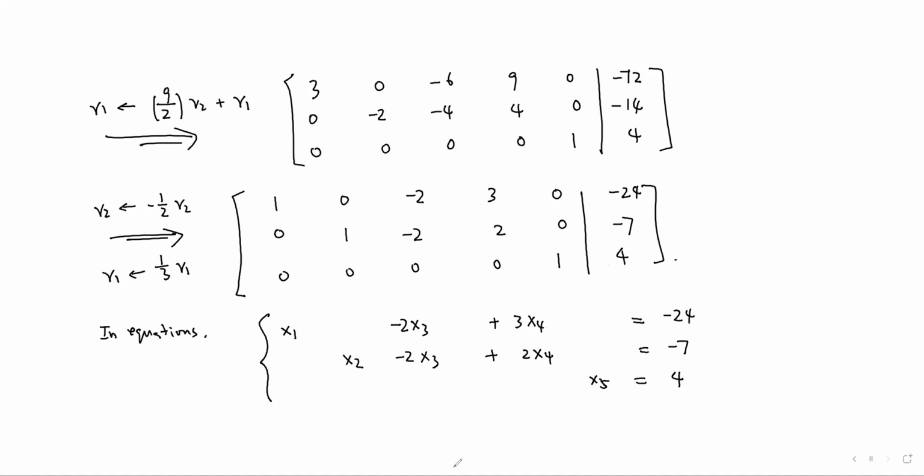For the general solution, solve this linear system for the basic variables in terms of the free variables. Okay. Now, in the first equation, I move the free variables x3, x4 to the right side. In the second equation, I move x3, x4 to the right side.